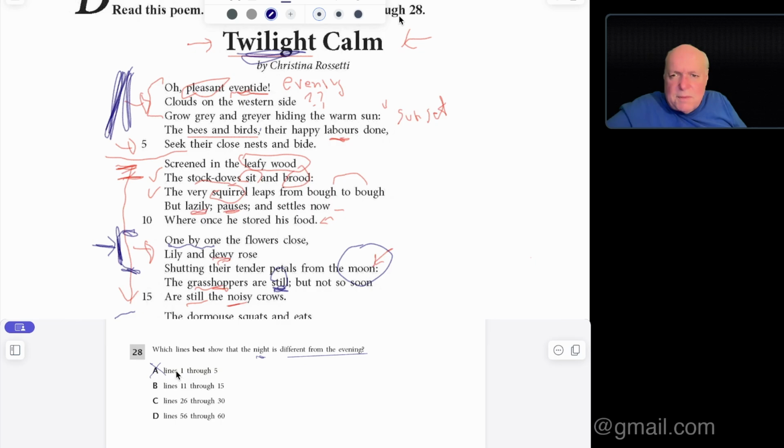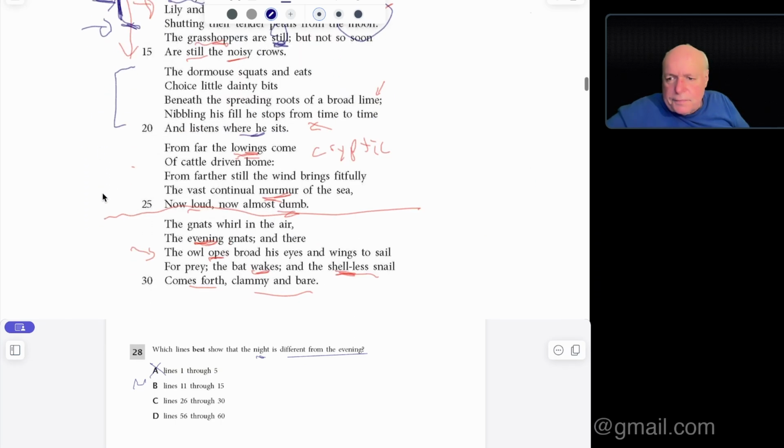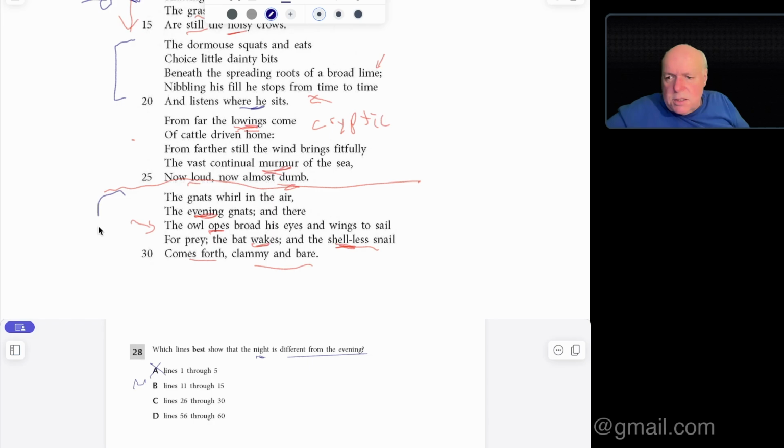Night is different from the evening. Now there is an implication that the animals are starting to chill out. So that semi is an answer. We'll tilde that, because could it be the best answer? We're not really sure. 26 through 30 is this paragraph about the gnats. The gnats were on the air, the evening gnats, and there the owl opens his eyes, and the owl is going to start hunting.